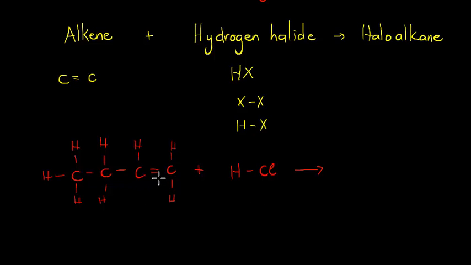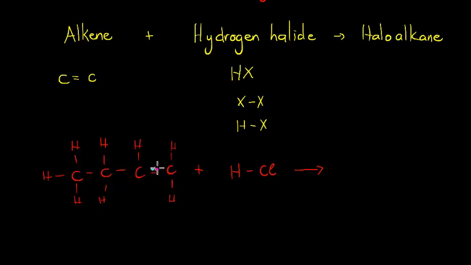As I had said already, one of the bonds in this double bond is going to break up. So we're going to have a valence electron here and a valence electron there. And now the question is which valence electron will it attach itself to?